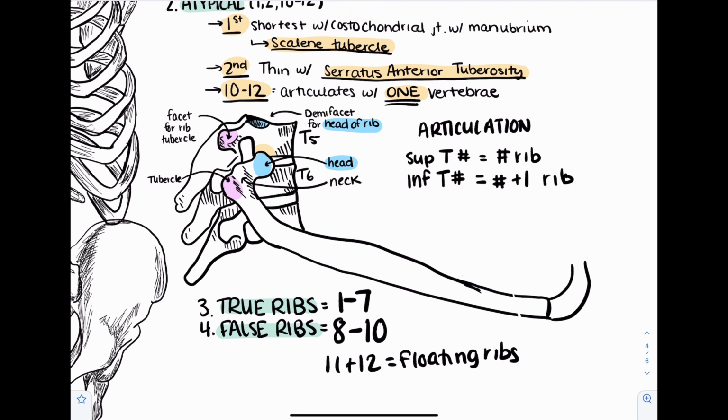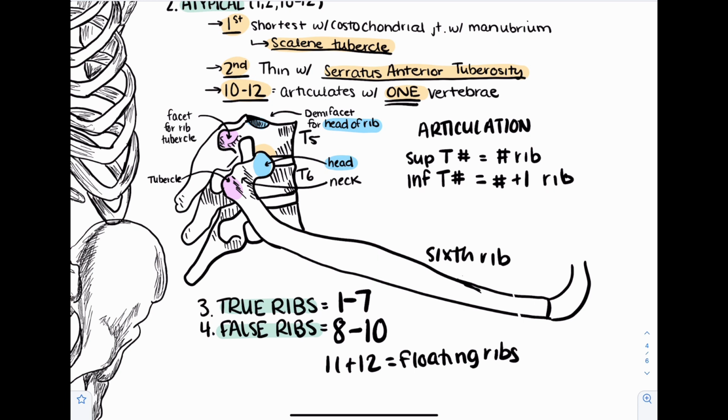So this is the little formula. In here, we have the superior demifacet of T5. So that's what's right here. This is that superior demifacet. It attaches to rib 5. The inferior one, which I have in yellow right here, attaches to rib 6. This is the 6th rib right here.